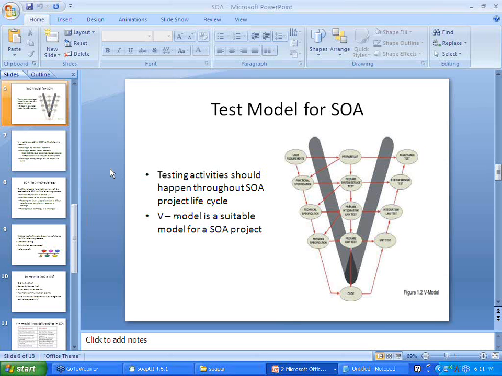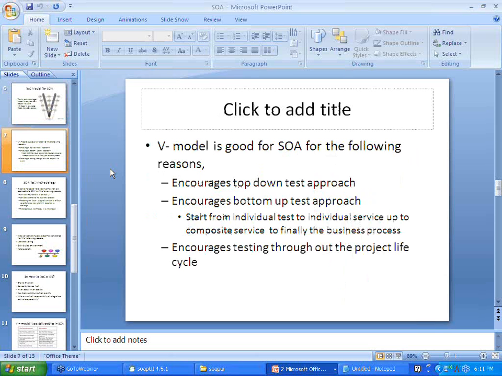So the applicability of V model to SOA was established based on certain analysis. This is from a research paper. So it is good for us to know, especially if you are trying to face an interview and stuff. So V model is good for SOA for the following reasons. It encourages top-down test and bottom-up test. It is your wish, however you go.